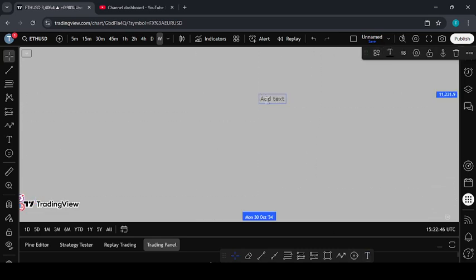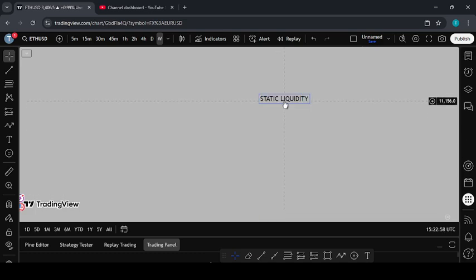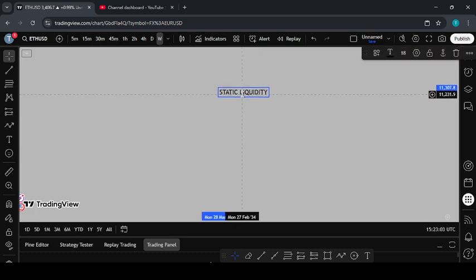Okay, static liquidity. We'll talk about this and we'll end this video because I don't want it to be too long. It's already taking long. Like I said, it is liquidity that is resting on specific zones in the market where there are pools of money, and the market will definitely go and take out such liquidity.